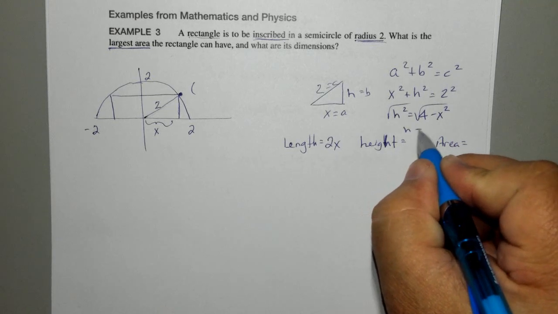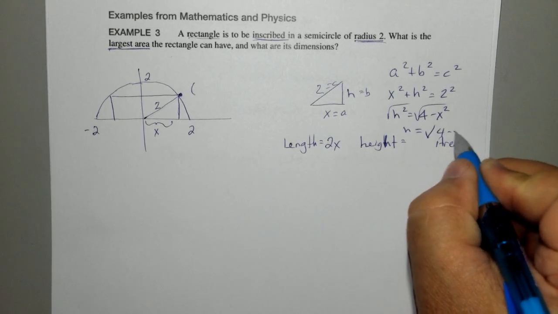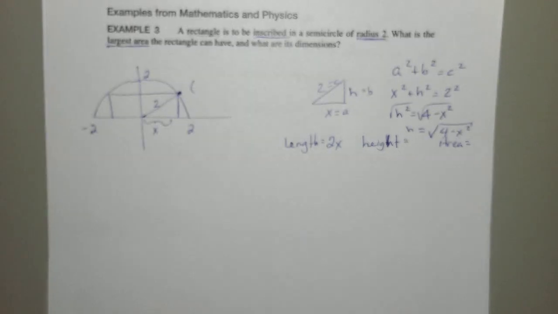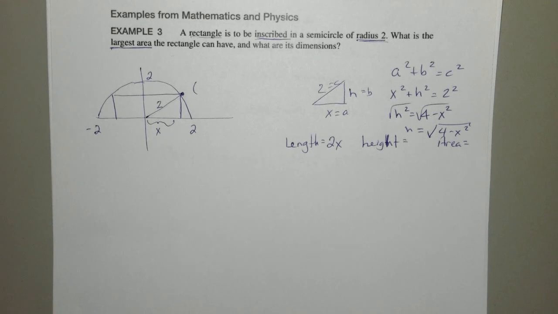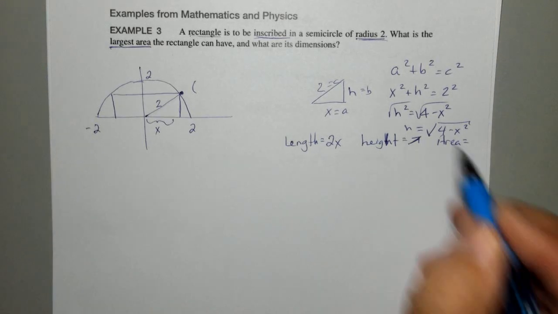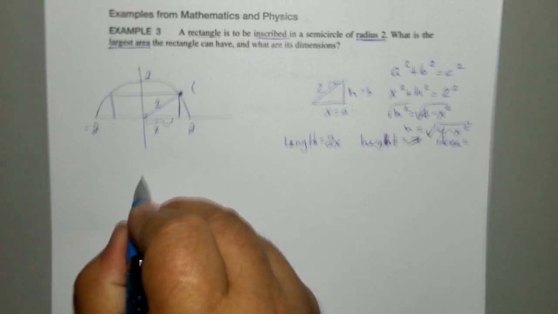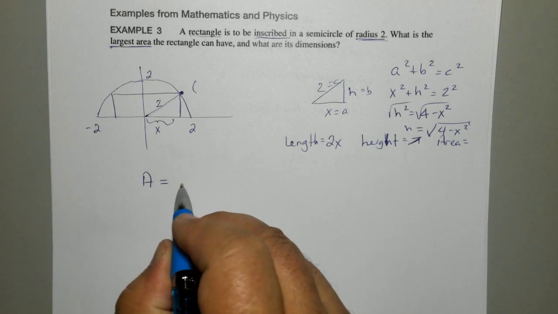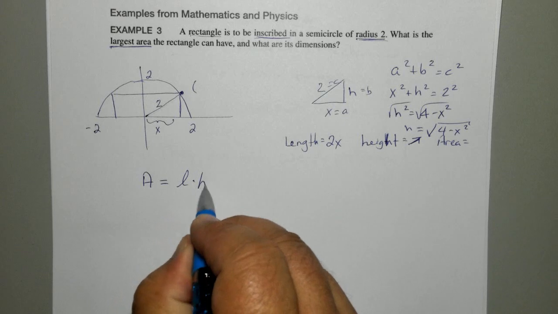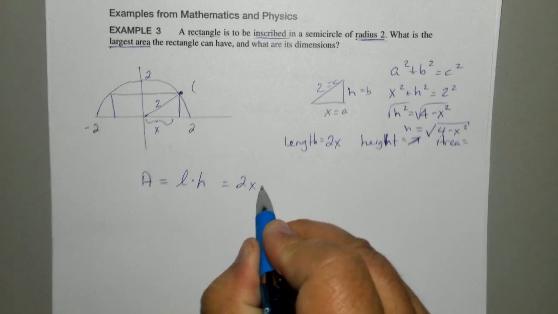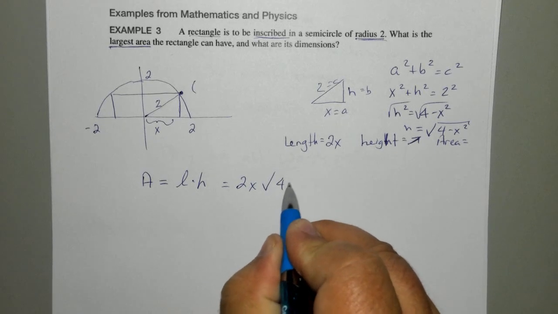The height is the square root of 4 minus x squared. So the formula for the area would be what? Length times height. 2x times radical 4 minus x squared.